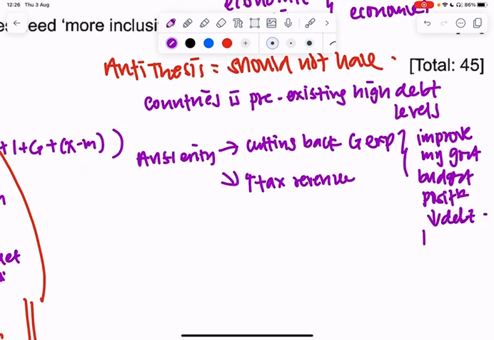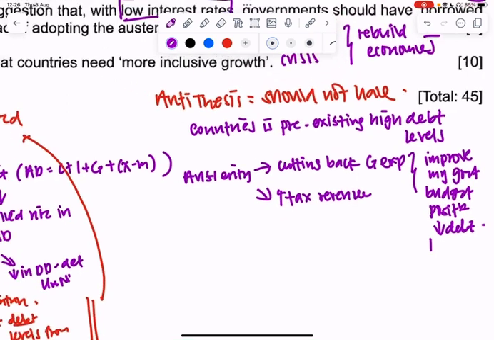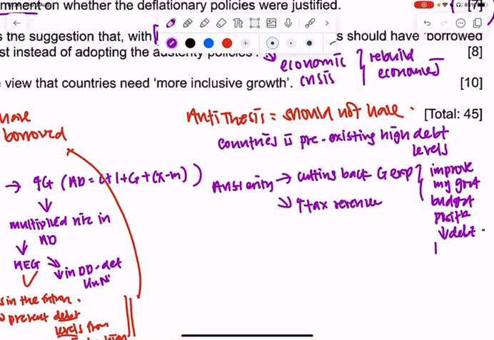So you see, even though my country is in recession, even though there are low interest rates, I need to prioritize. I need to say, hey, even though the interest rates right now are very low, I would still likely have to focus on improving my government budget position.